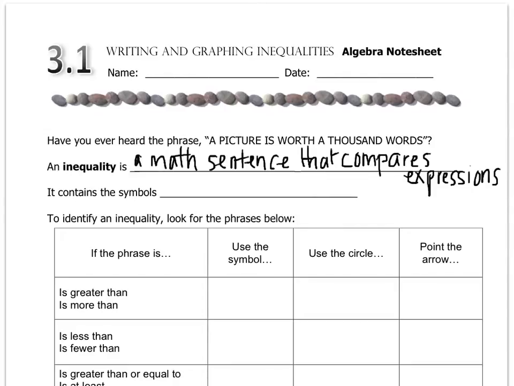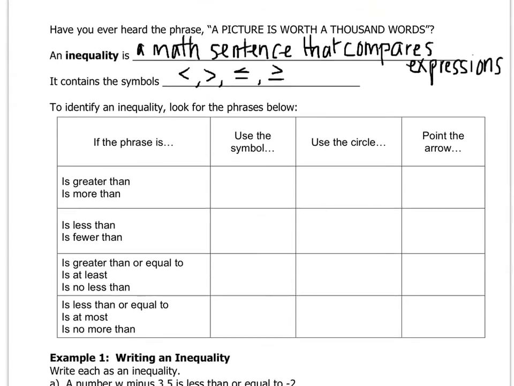And we use the 4 symbols less than, greater than, less than or equal to, or greater than or equal to in an inequality. So let's look at the phrasing of when you might use which particular symbol. If you see the phrase is greater than or is more than, you're going to use the greater than symbol.